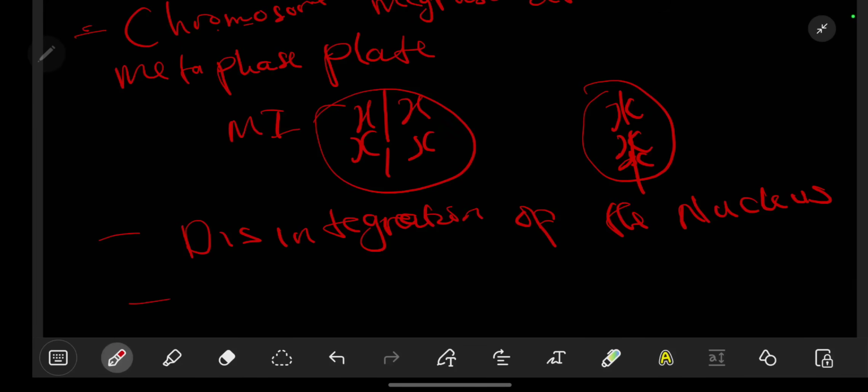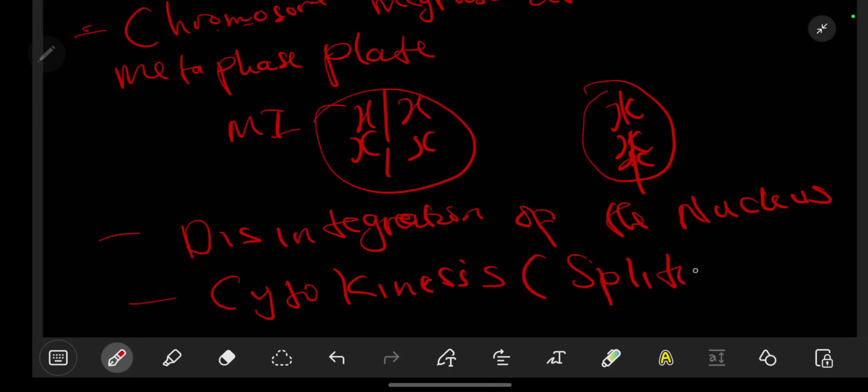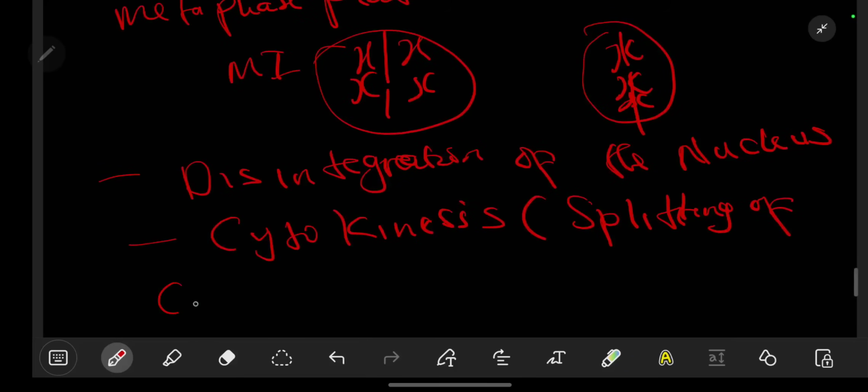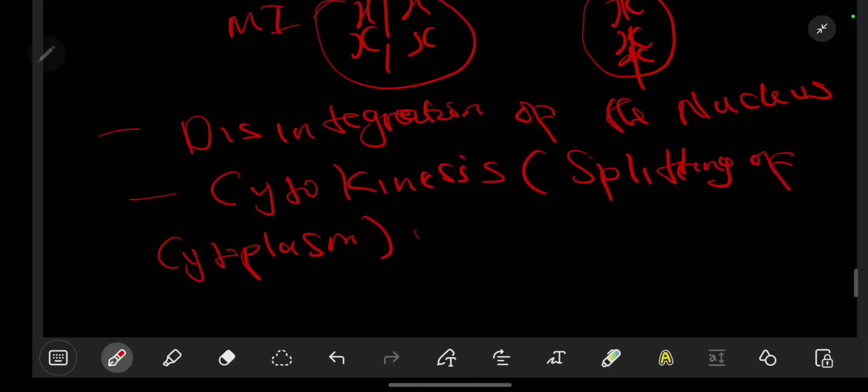The other thing that occurs is what we are going to call cytokinesis. Cytokinesis is simply the splitting or the division of the cytoplasm.